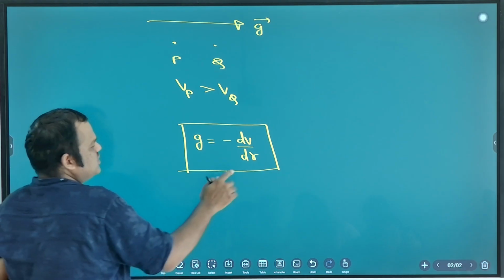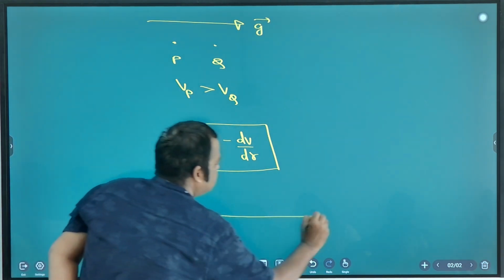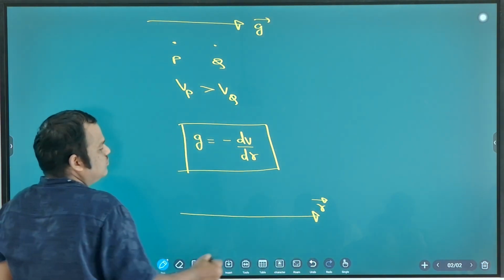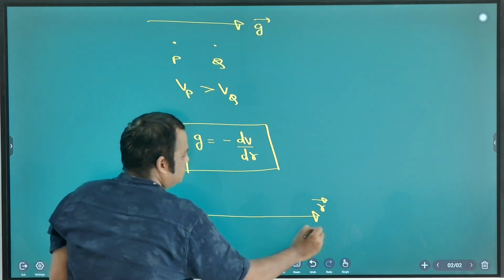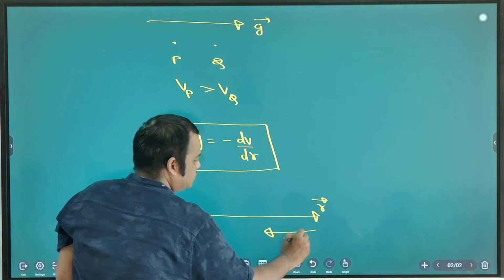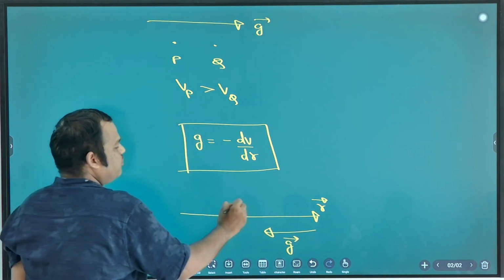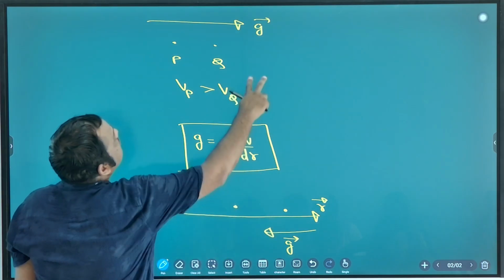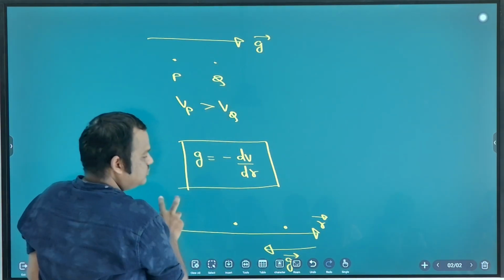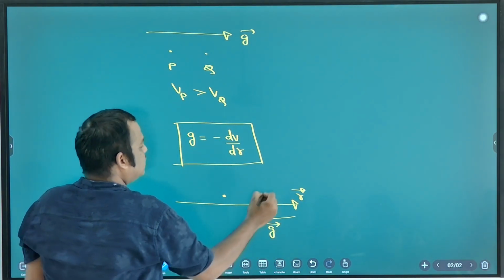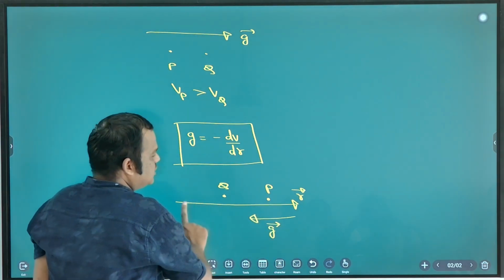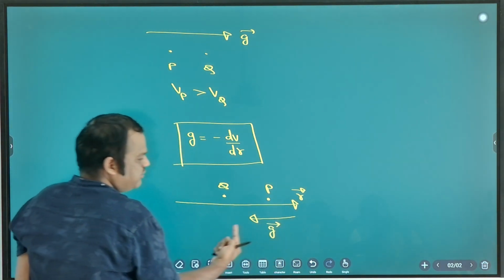Suppose this is R, and this is the G vector, and two points are there, P and Q. So this is the R vector and this is the G vector.